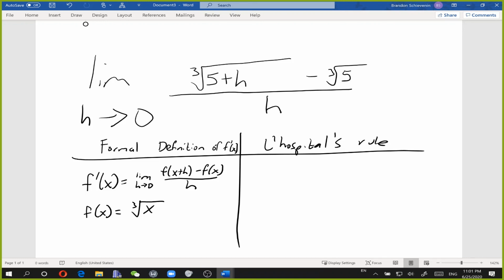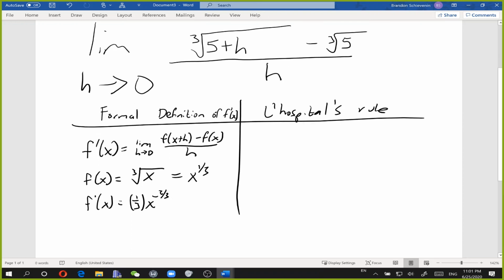If that's true, the cubed root of x is x to the 1/3 power. So f prime of x will be 1/3 x to the negative 2/3 power. My original input is 5, so I'm going to plug in 5.